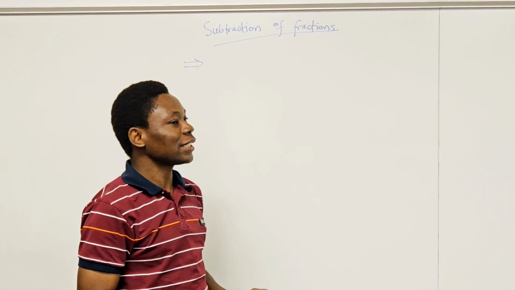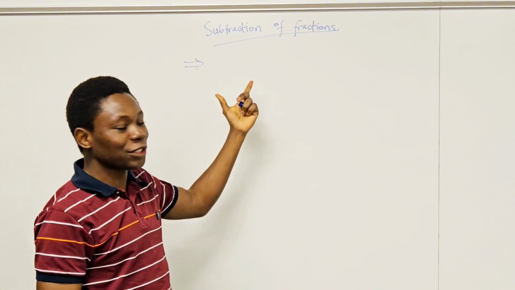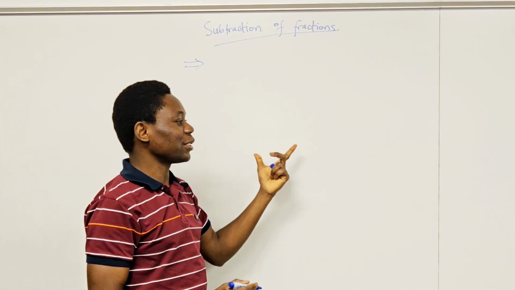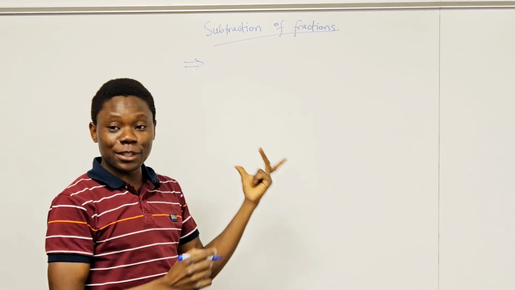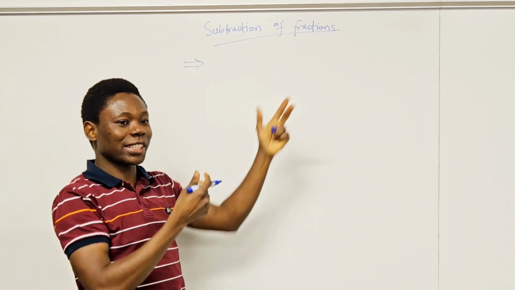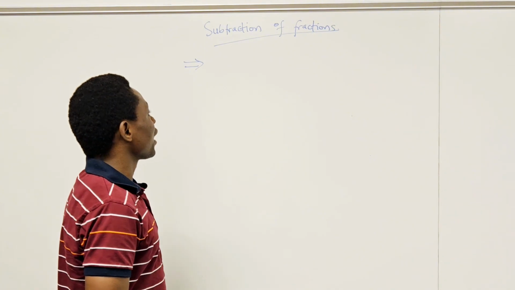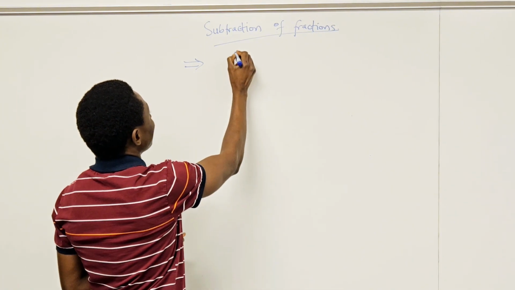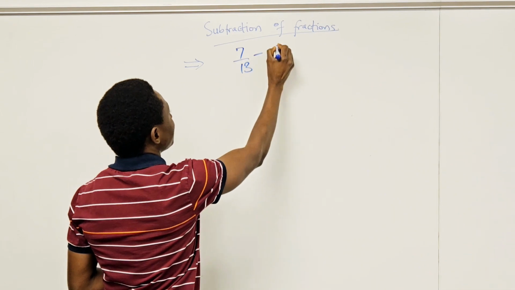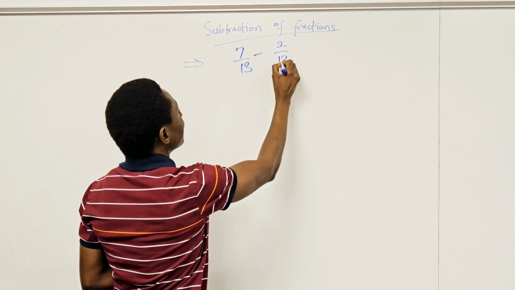All right, now let's talk about subtraction of fractions. It's similar to addition of fractions, right? If the denominators are common, you just subtract the numerators and divide by the common denominator. So, for example, we have something like 7 over 13 minus 2 over 13.